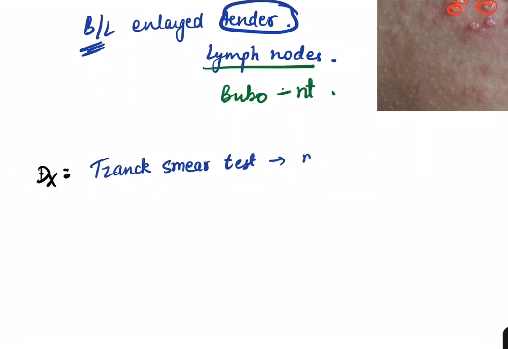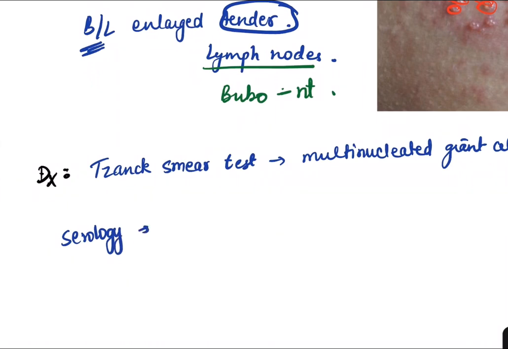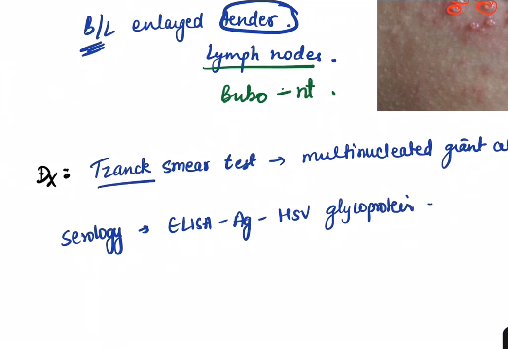There are multinucleated giant cells, and these are acantholytic cells. And for serology, we find ELISA for antigen HSV glycoprotein. But these are not very important. Just remember, Tzanck smear test is done for herpes.